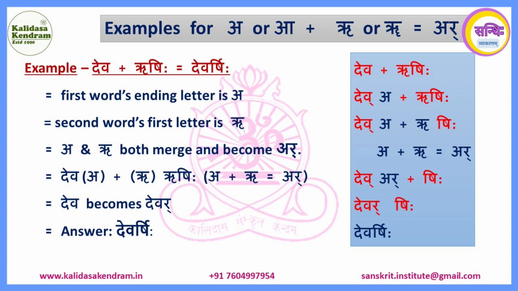The first word's ending letter is a. The second word's first letter is ṛ. A and ṛ both merge and become ar. Deva ends with a, rishihi starts with ṛ. So they merge and form ar. Deva becomes devar. The answer is devarshihi.